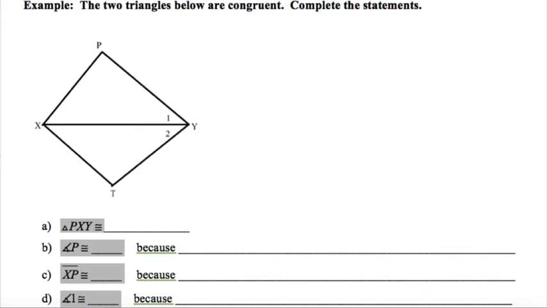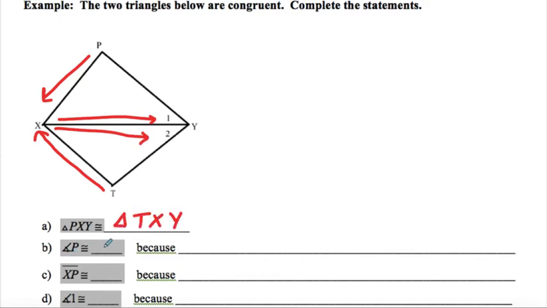All right, so we're going to try this again. So two triangles below are congruent, complete the statements. Okay, so triangle PXY is congruent to triangle TXY.